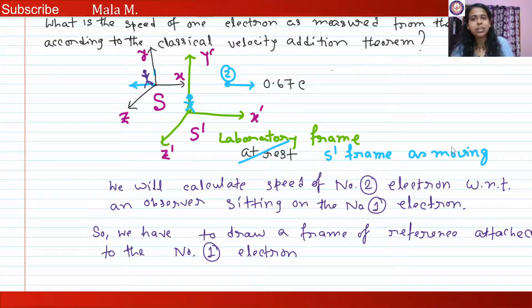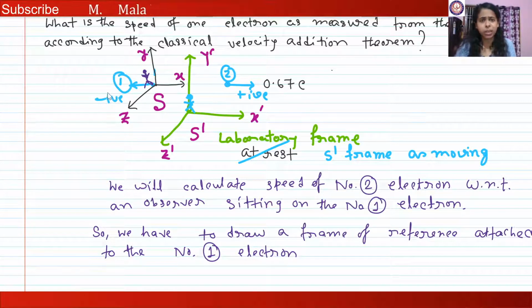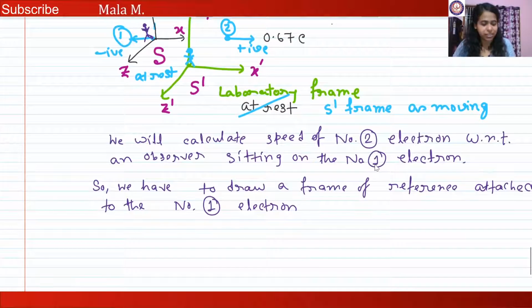We know that the number 1 electron is moving in the opposite direction, so I can take this as the positive direction and this as the negative direction. So this electron is moving. How can I take this one as at rest and this one as a moving frame? Yes, we can. That is the beauty of physics.